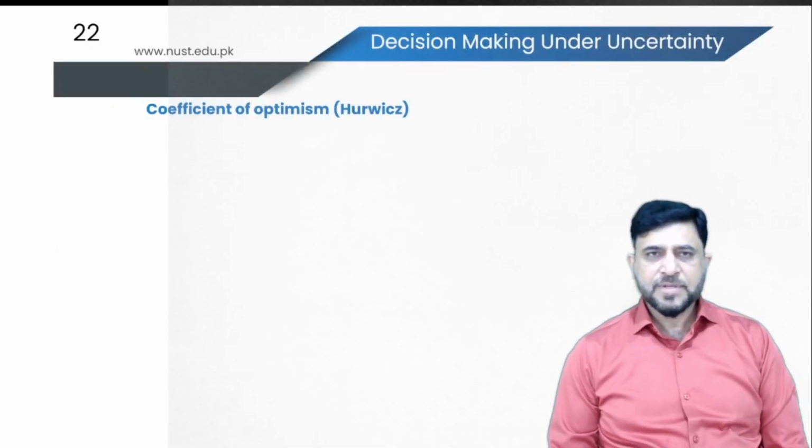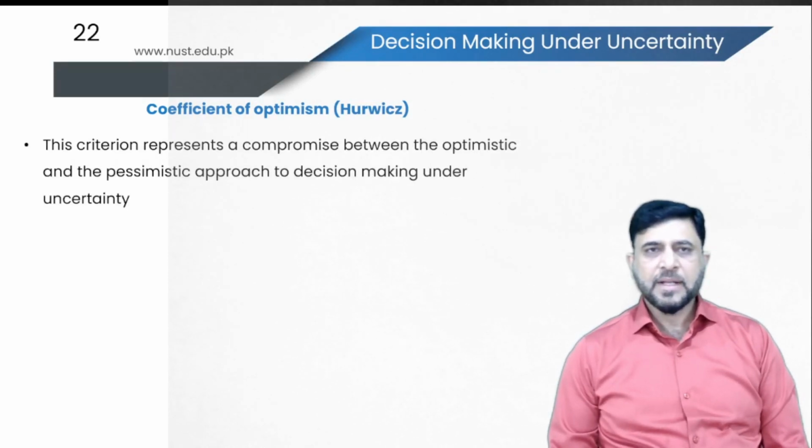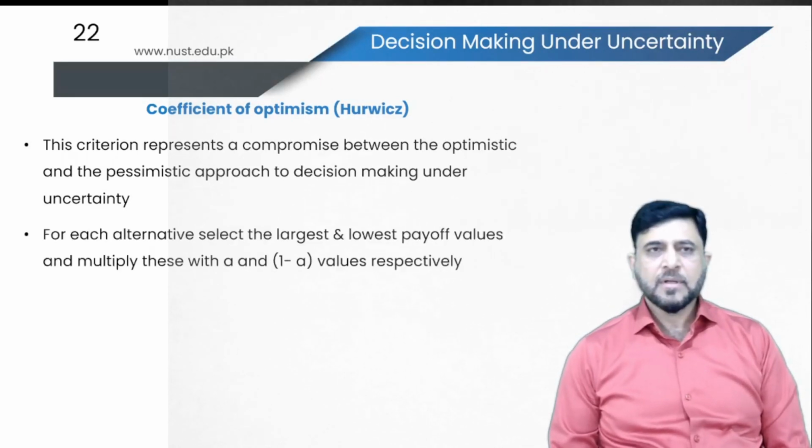Okay, next one is coefficient of optimism or Hurwicz's criteria. The criteria represents a compromise between the optimistic and the pessimistic approach to decision making under uncertainty. Here, out of all the alternatives, we choose the best one as per our concerns, and we choose the worst one. We assign the maximum probability we can to the best one and the minimum probability to the worst one. How can we do that?